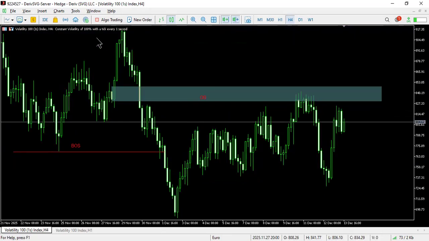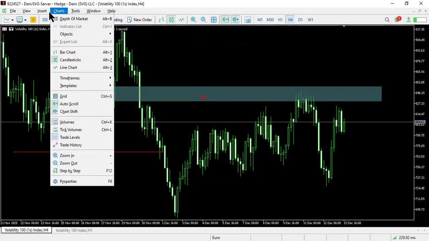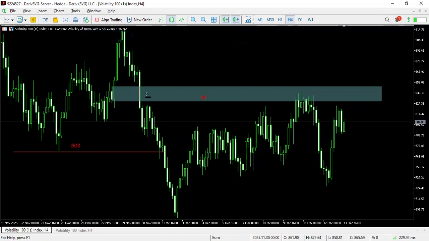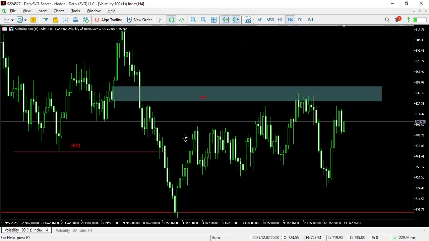And our take profit is going to be at this point of reversal. So price has reacted and it's pushing down. It's not yet at the take profit point. It's still going back to that order block.